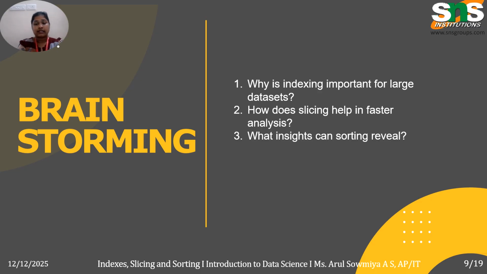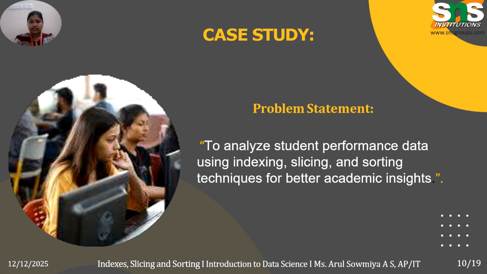Using slicing, we can get the data from highest to lowest, ascending to descending order, and get the data easily. What insights can sorting reveal? Through sorting, we can get data from different data sets, apply slicing, and finally get sorted data. So this is the case study.